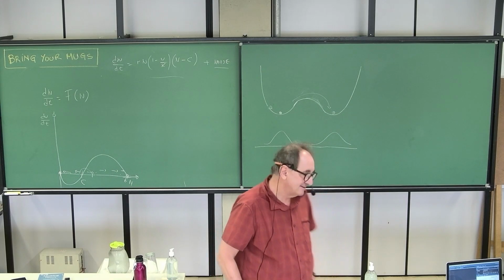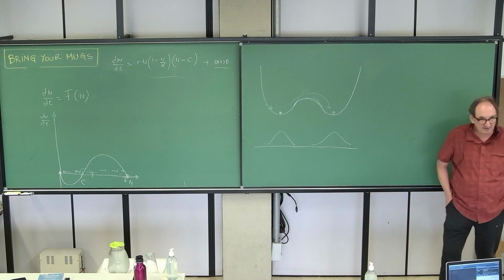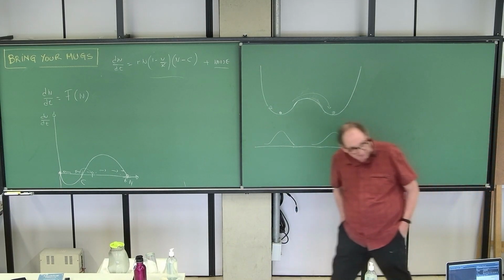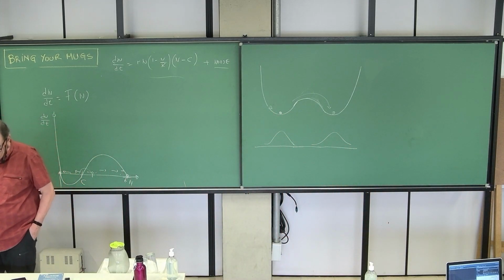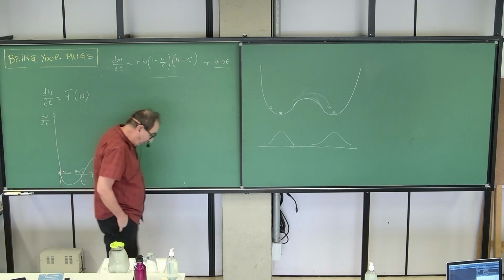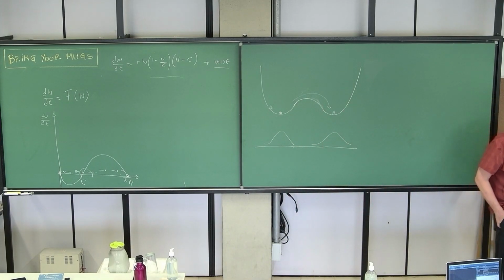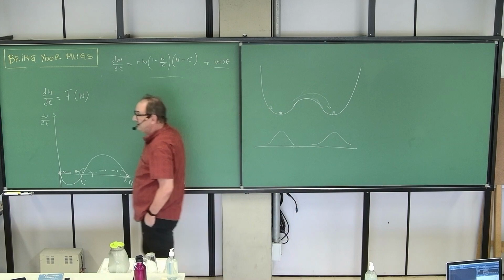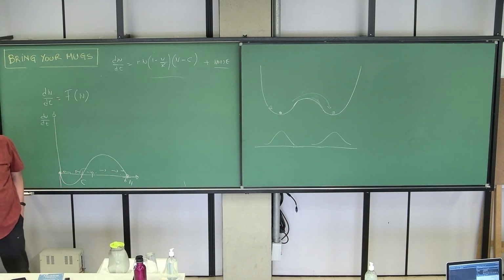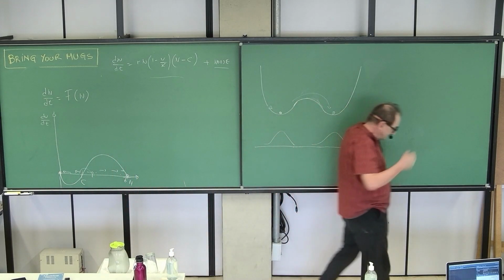So when you see a lot of people talking nowadays about tipping points in climate dynamics, and people that talk about the hot Earth and so on, tipping points are this kind of thing. It's a situation where your system may transition between different stable states, which means that it loses resilience.